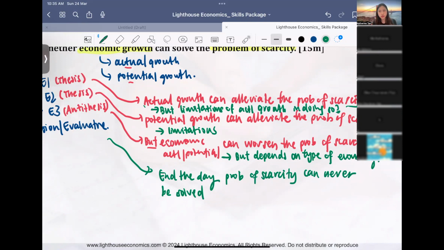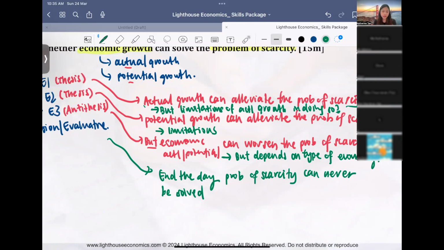What to produce is going to be determined by effective demand, which is the willingness and ability of people to buy. So in some economies, when you have economic growth, it worsens the income inequality. So it worsens the problem of scarcity. Why? Because people end up producing goods for the rich, while the poor don't really get the goods that they actually need. So it could worsen the problem of scarcity, especially for the poor in economies with high income inequality.